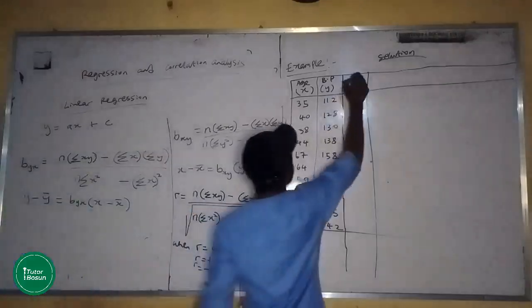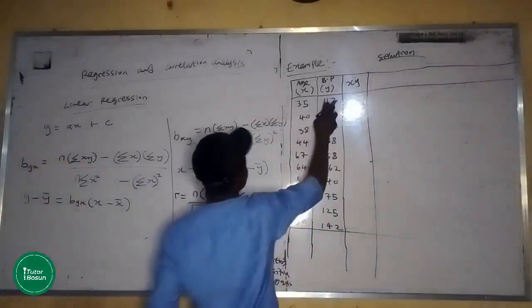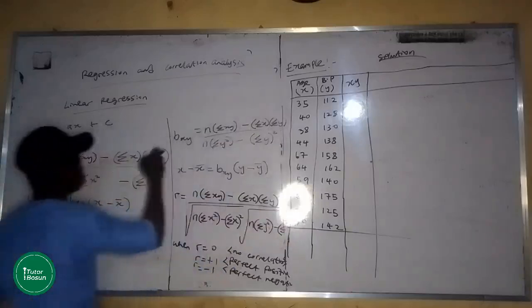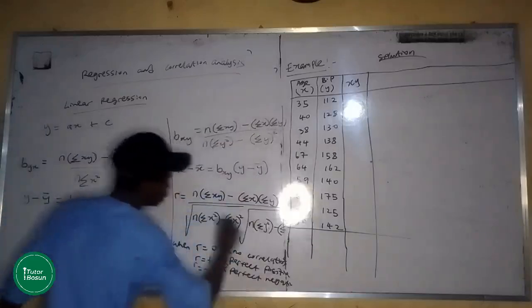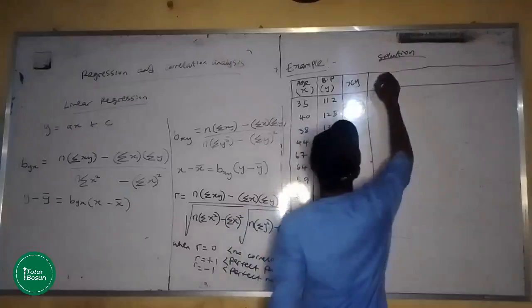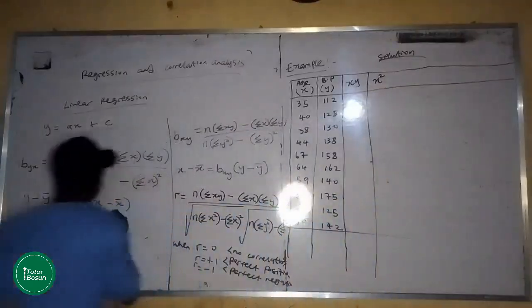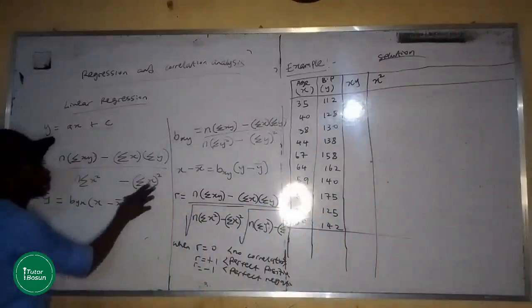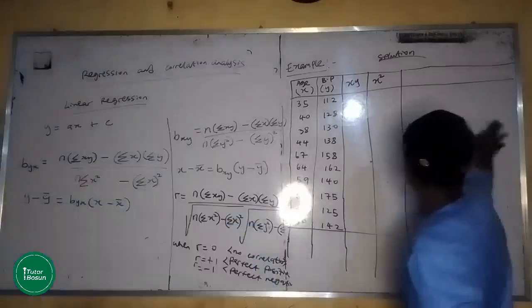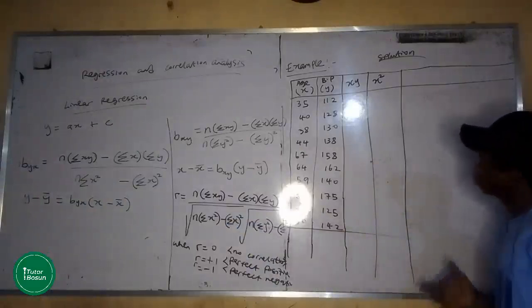So we create a column for XY, that is the product of X and Y. We are also having X, summation X, and Y, summation Y. We are having X squared, take note, because we are taking the square of X and we already have X here. We can use this for our computation of the mean.